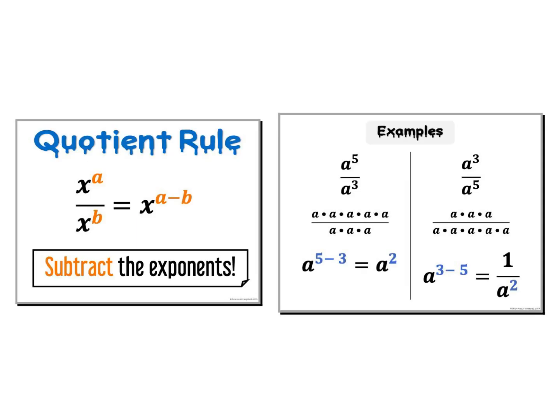So the quotient rule, I should go back. Quotient rule says that I'm going to take the top minus the bottom. Now, I don't always do that exactly. I think about it a little bit differently, but yes, we're going to take the top minus the bottom. Sometimes when we do that, we'll end up with a negative number. We haven't done negatives in this video yet, but we have done negatives in class.